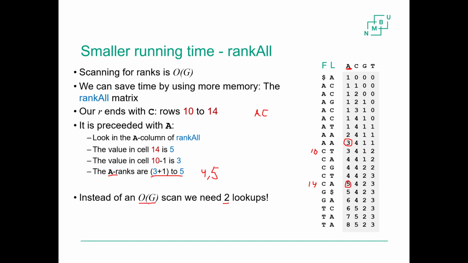So instead of scanning through all the C's in the reference, we need 2 lookups. This is super much faster, right? So this is a really big, smart idea. Saves us a lot of time. The problem is, though, it consumes more memory because now we have to store 4 columns here instead of 1.